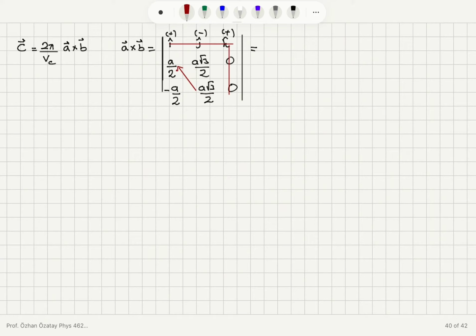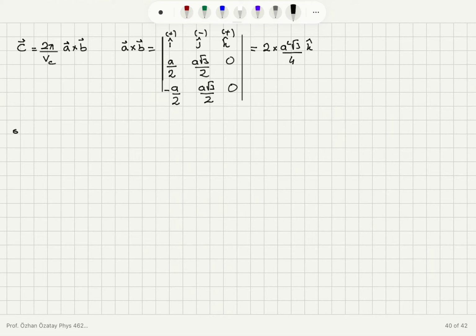Okay, so this will give me 2 times a square square root 3 over 4 in k hat direction.